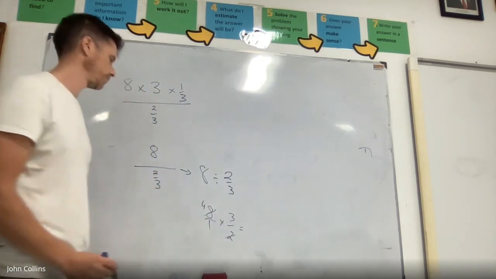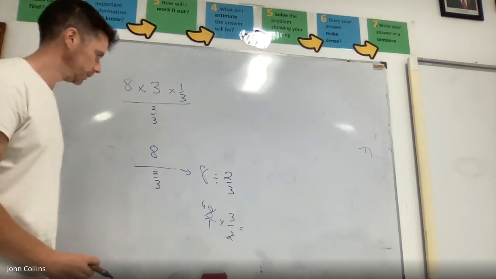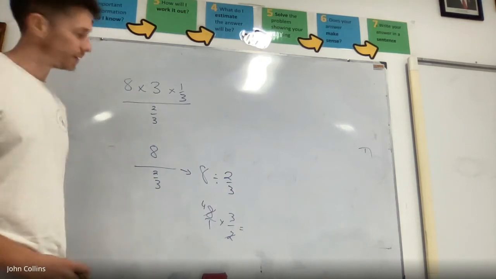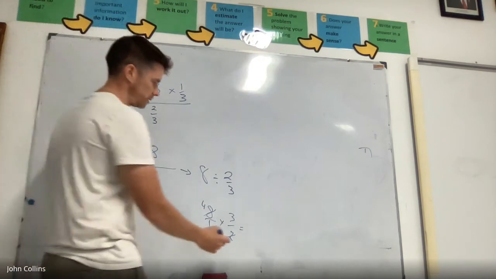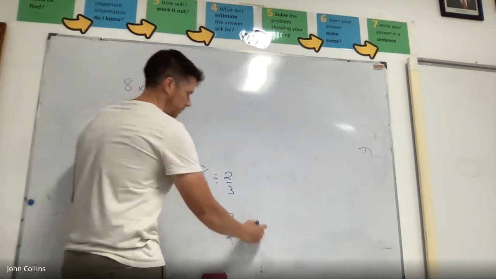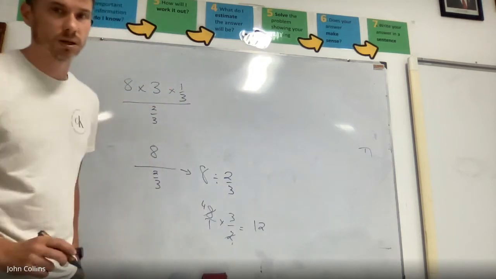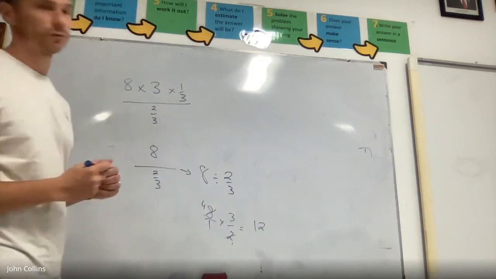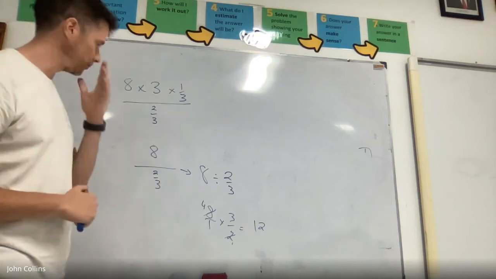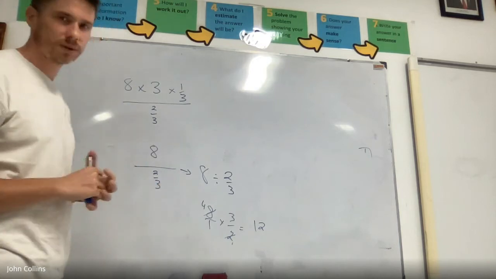I know that, so let's simplify it before I even do it. And then multiply in straight lines. 4 times 3 gives 12, and 1 times 1 gives 1. So 12 over 1. Some of you might have got 24 over 2, and then divided by 2, but you can pre-simplify. Okay, so this answer is 12.